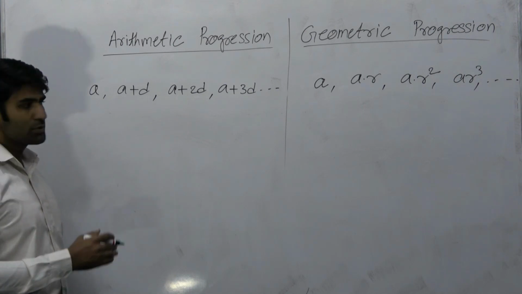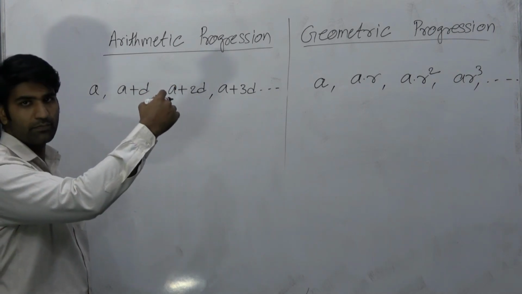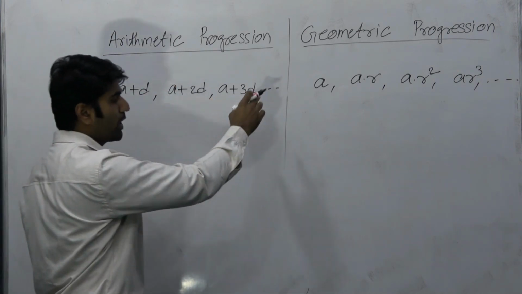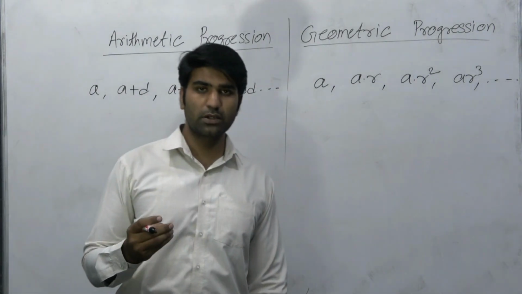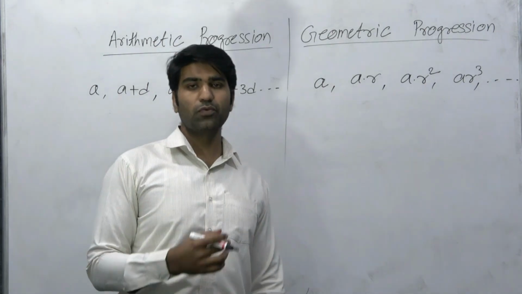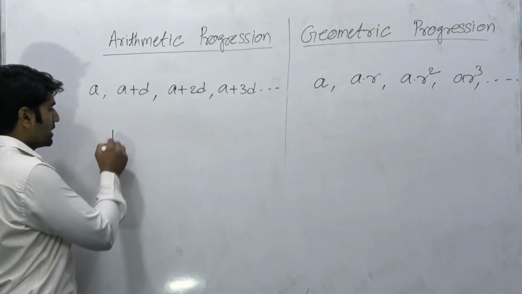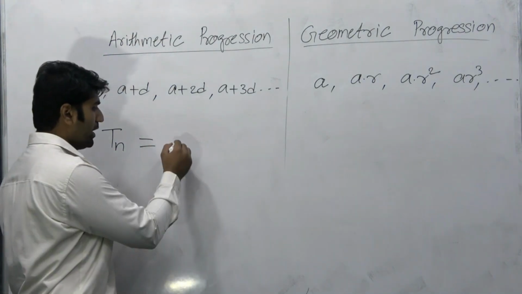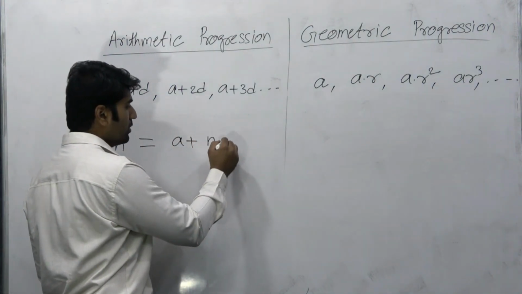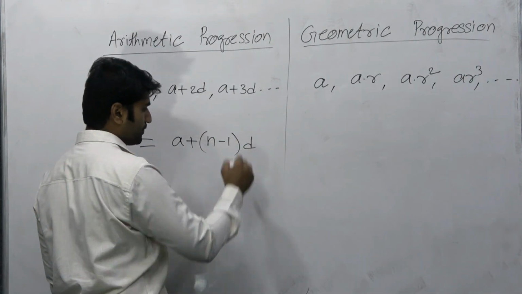So we have formulas to calculate the nth term. If this is the series and we have to calculate the nth term, for example the 10th term, 20th term or 50th term, then we have the formula Tn, the nth term, is equal to a plus n minus 1 into d.